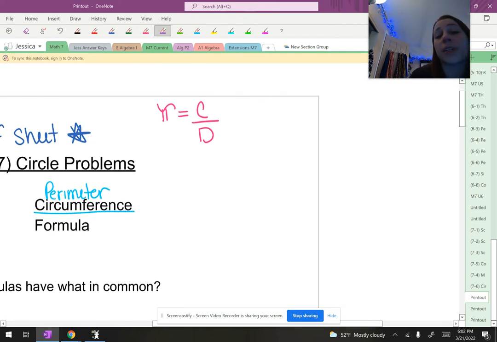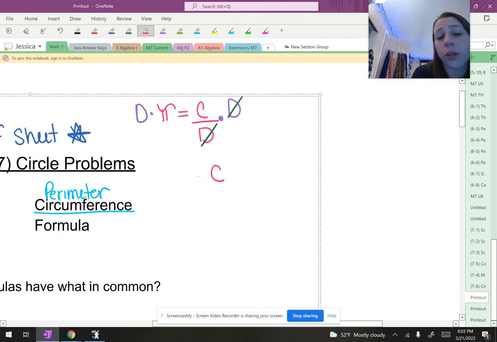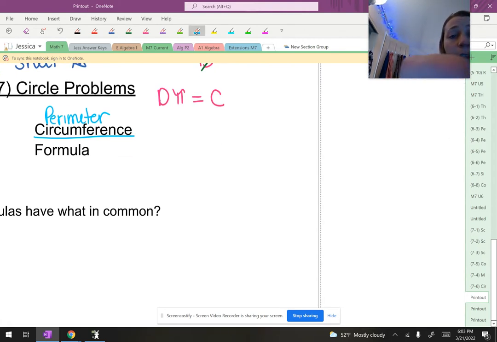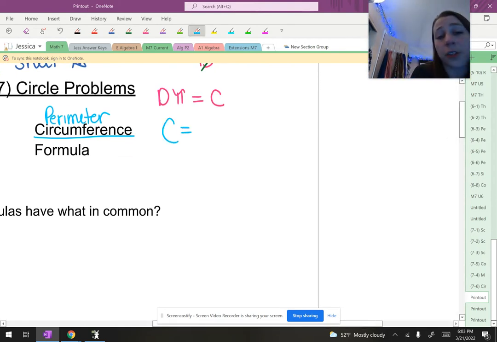Circumference and diameter are being divided here, so the opposite or the inverse would be to multiply both sides by diameter, canceling my diameter out, leaving me with circumference equals diameter times pi. So your first circumference formula that you're going to use is circumference equals pi times diameter.